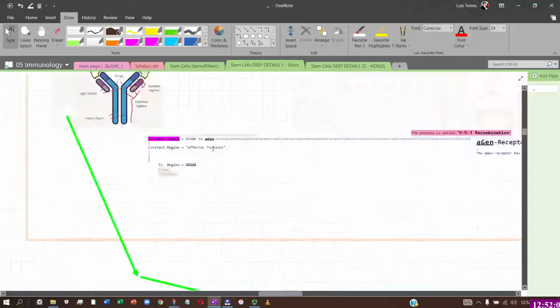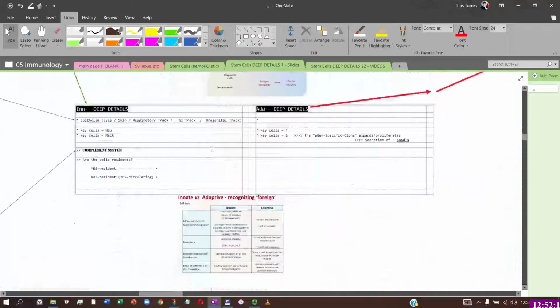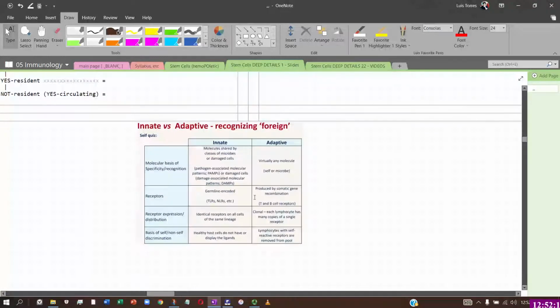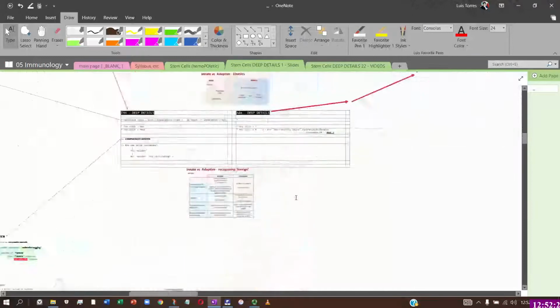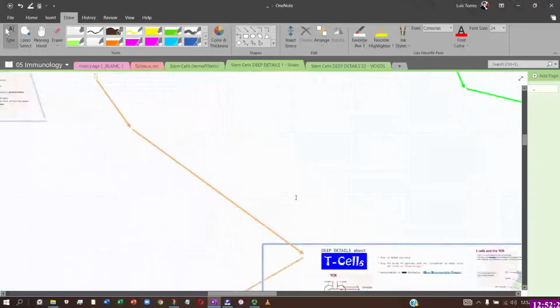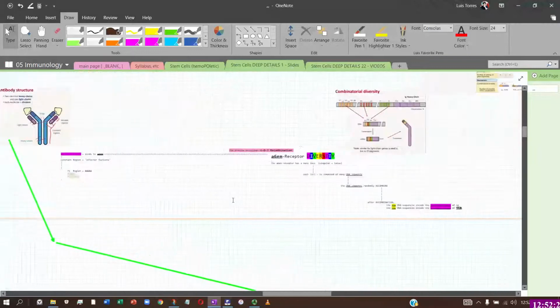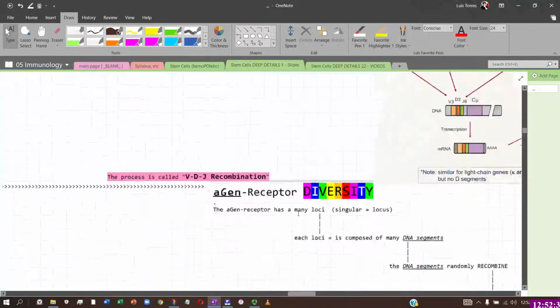Cool. So how does that tie back into the summary chart? Well, let's see. The receptors are produced by somatic gene recombination. Yeah, there we go. So that's what's happening over here. The receptors for B cells in particular are undergoing somatic recombination.